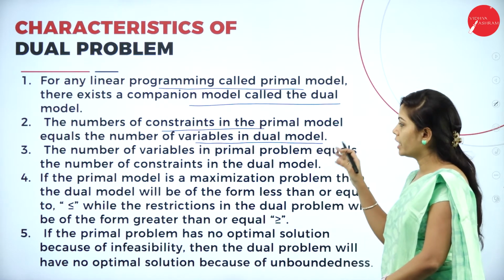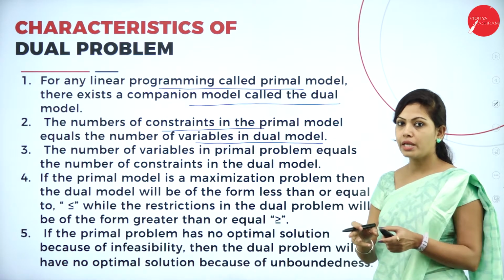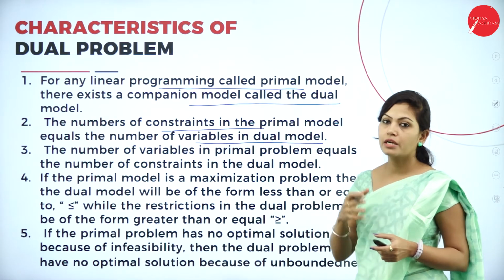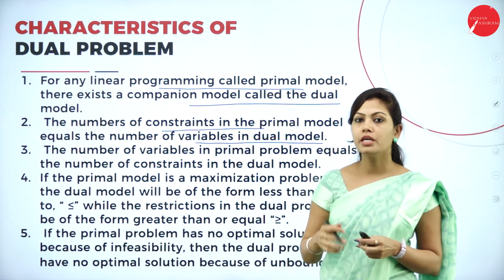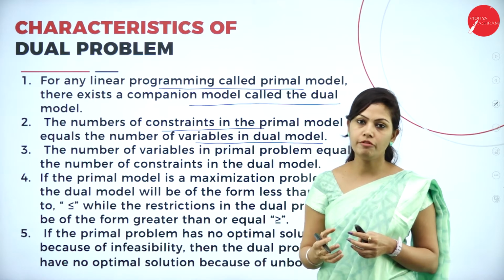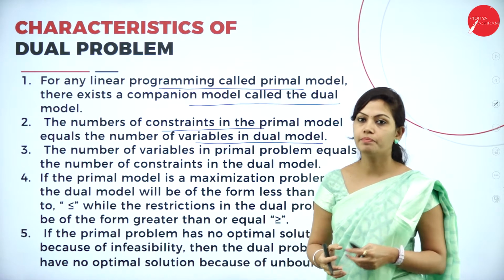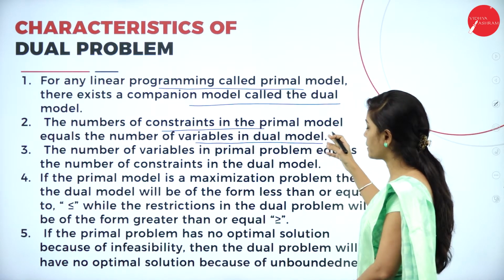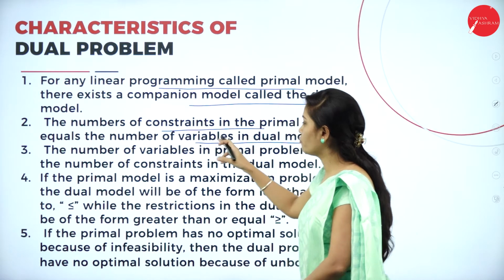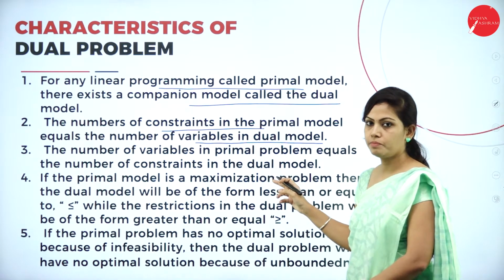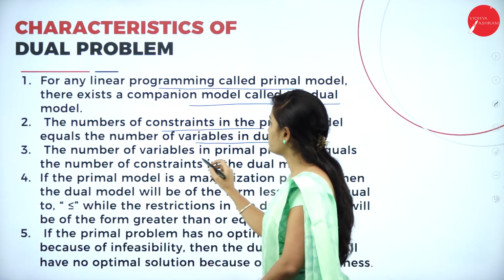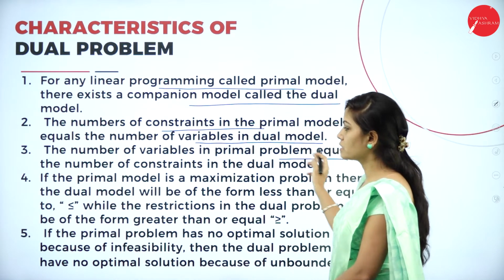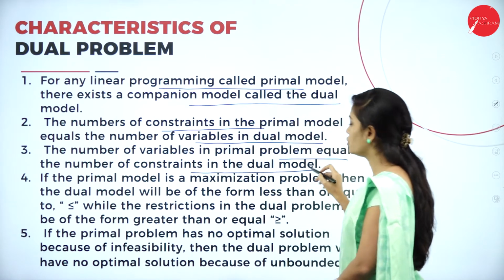Sometimes in a primal problem you will get two variables, but if it is converted into dual form, you will get some extra variables. And the number of variables in the primal problem equals the number of constraints in the dual model.